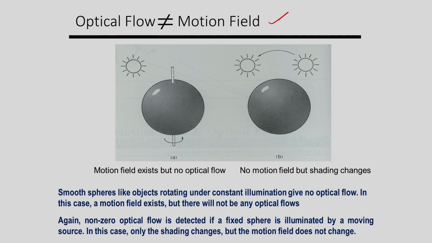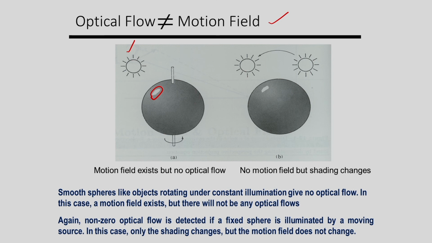Here I am giving two examples. In example A you can see this object is rotating, and I have one source available. Corresponding to this patch, suppose I am considering, the illumination will be almost constant. If the illumination is constant, then there will not be any optical flow, because optical flow is determined based on the illumination change.